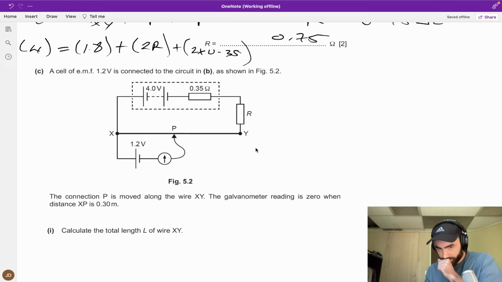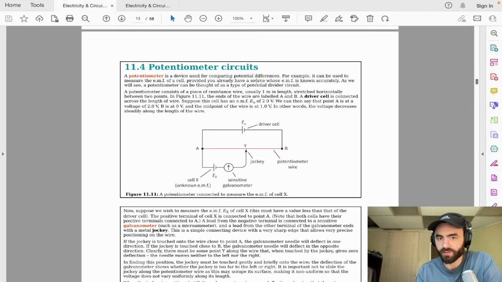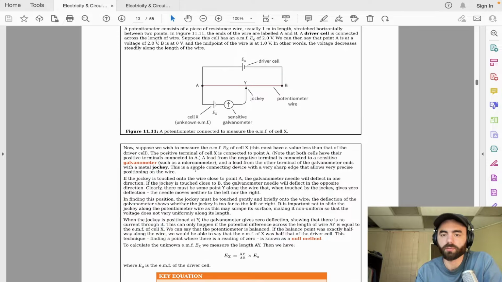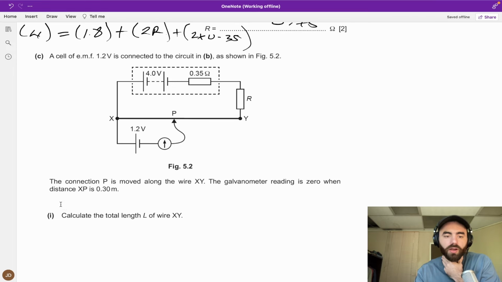A cell. This is a common thing that comes up. So we have a cell of EMF 1.2 volts connected to P, and this is a common diagram. The galvanometer reads 0 at distance XP.